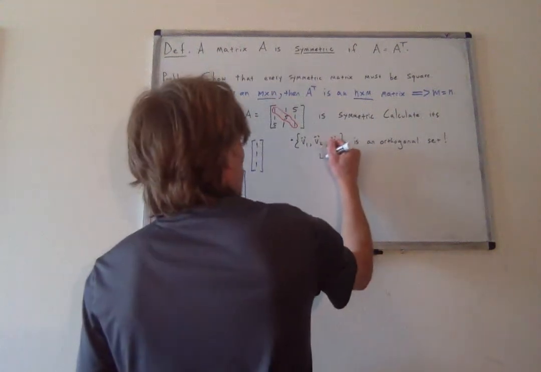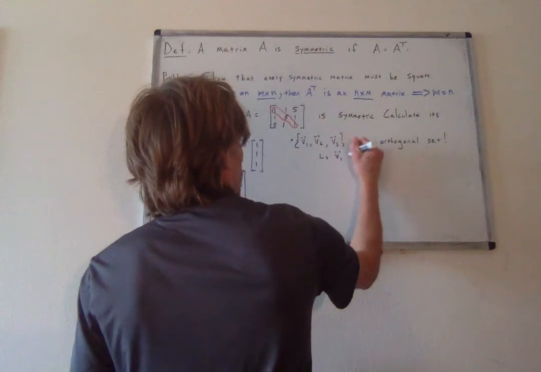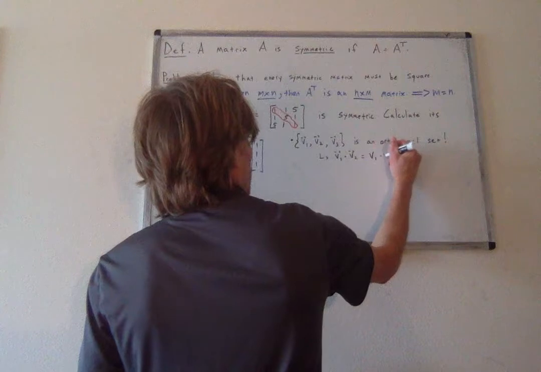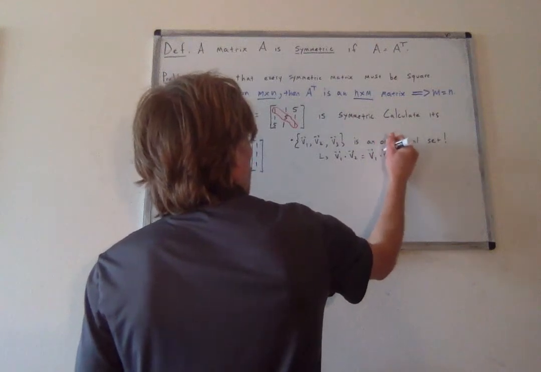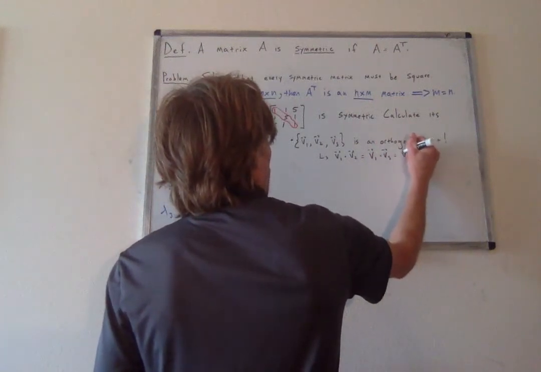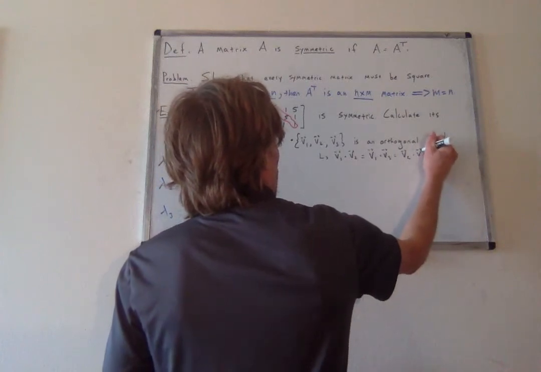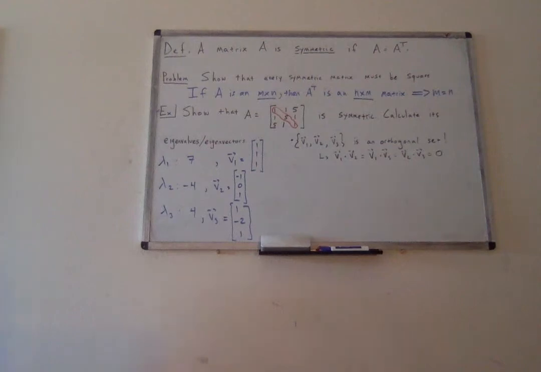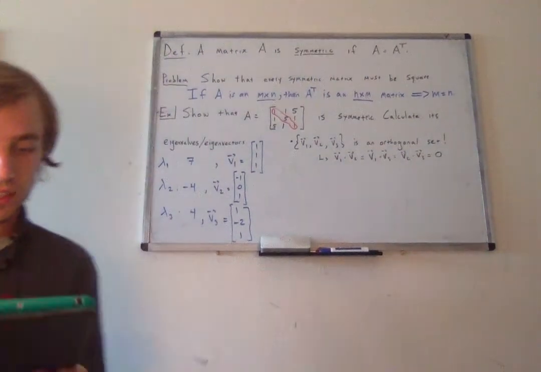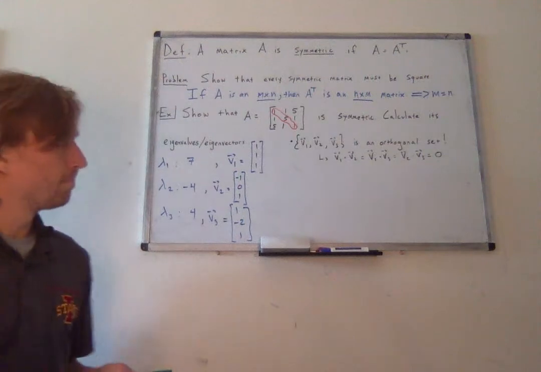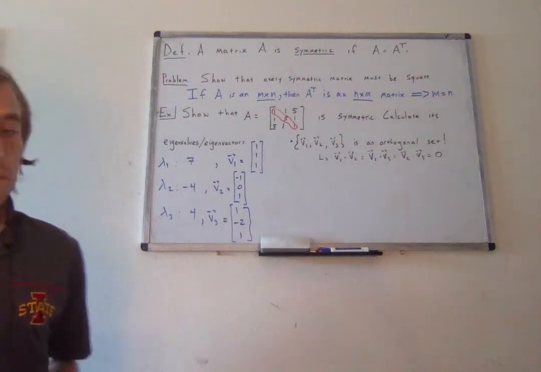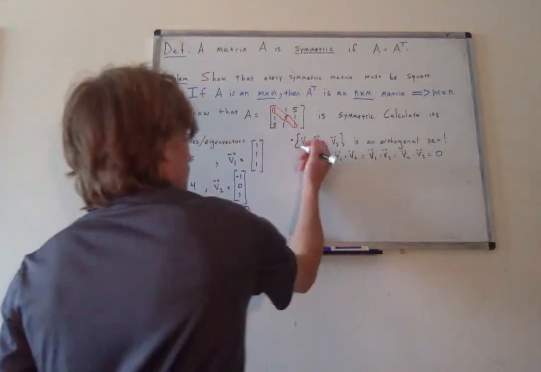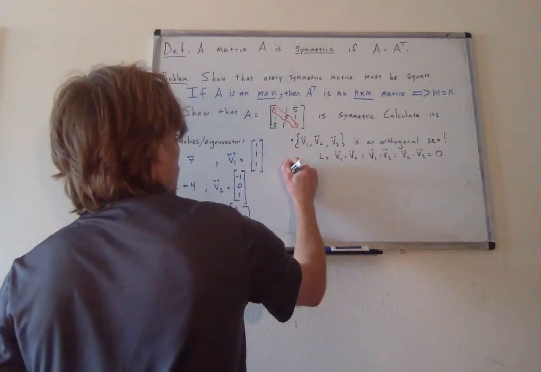So all of these eigenvectors are orthogonal to one another. So it turns out this isn't a coincidence, as we'll see in a second. But what this means is we can diagonalize A in a somewhat interesting way.